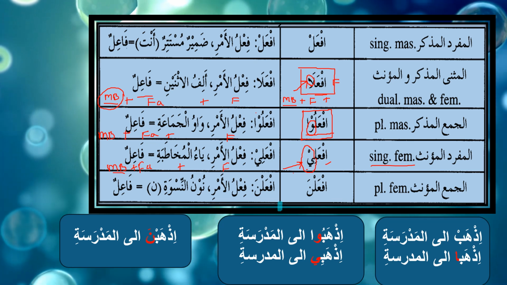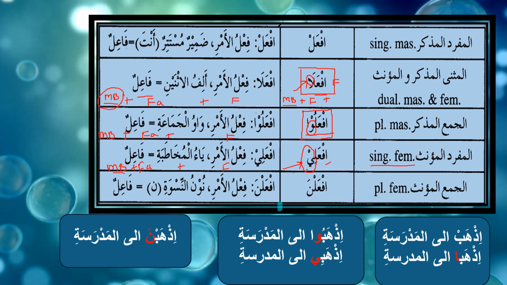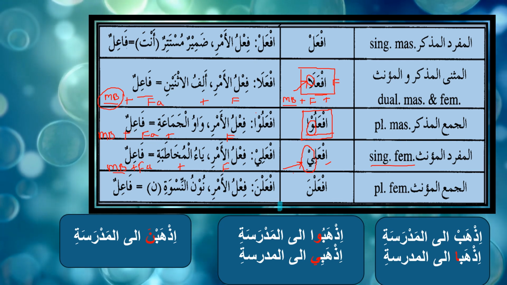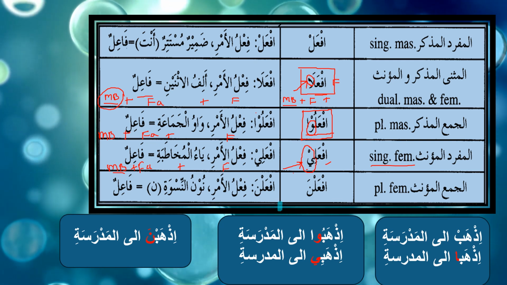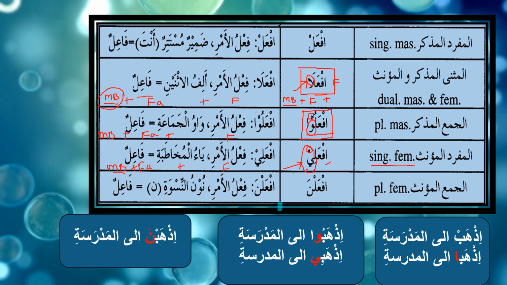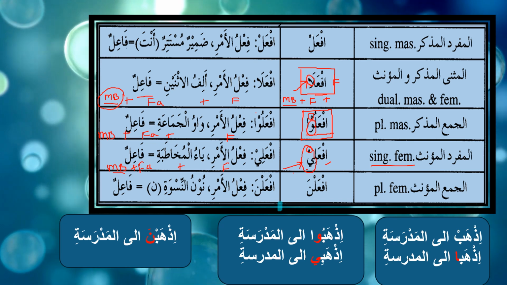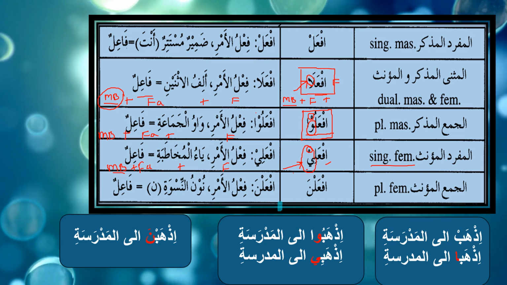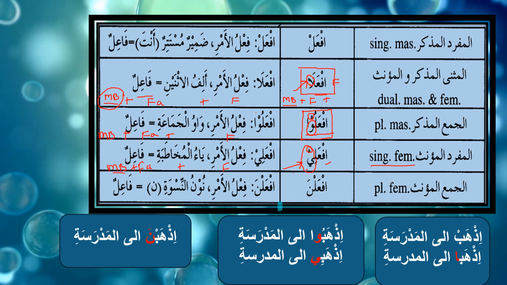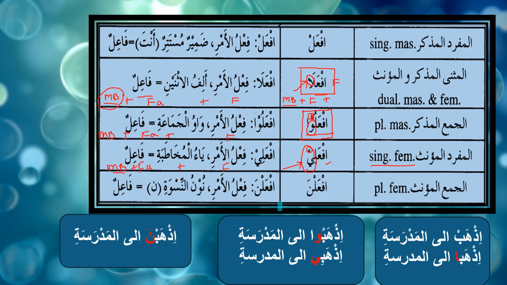So if there is a noun, you will surely see a fatha over the noun. So this is for the feminine singular. And yes, here in the structure, you will see there is a sukoon over the ya mukhatiba, a sukoon over the waw. Actually, this is a printing mistake. It shouldn't be, because waw is a long vowel and ya is also a long vowel. It shouldn't have any haraka over it. So this is totally a printing mistake.